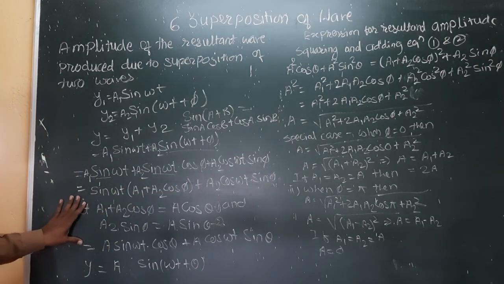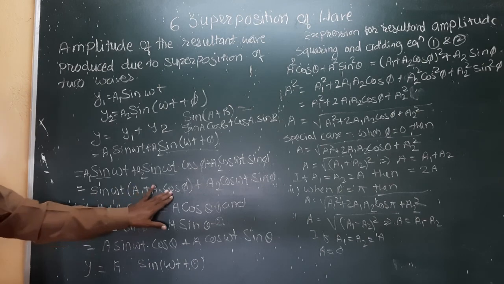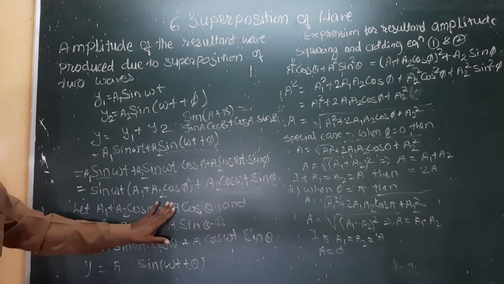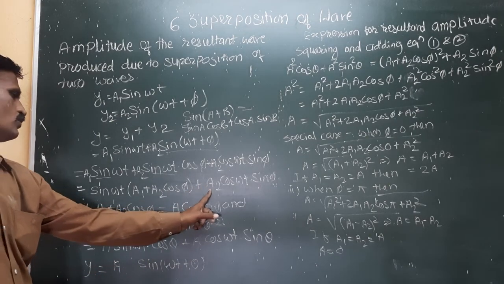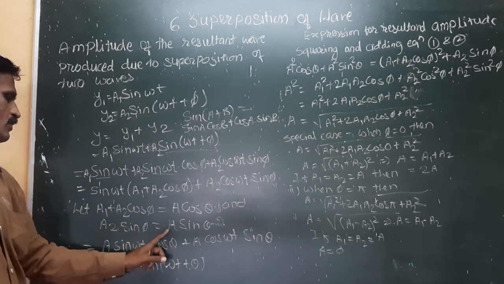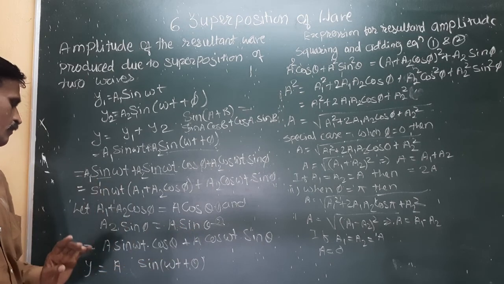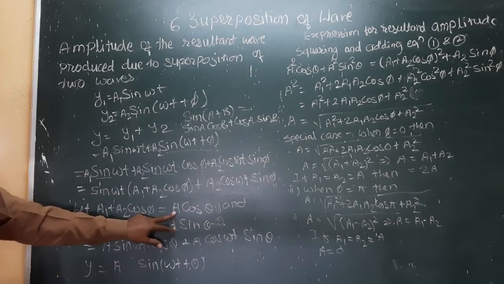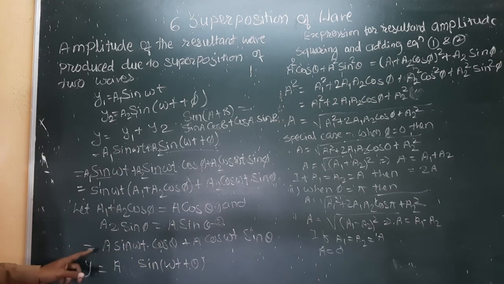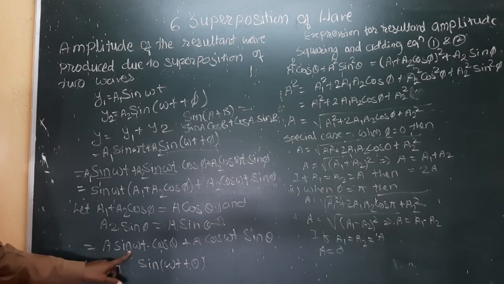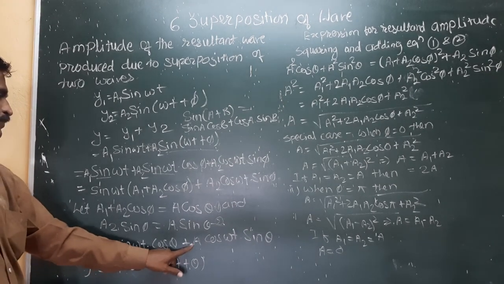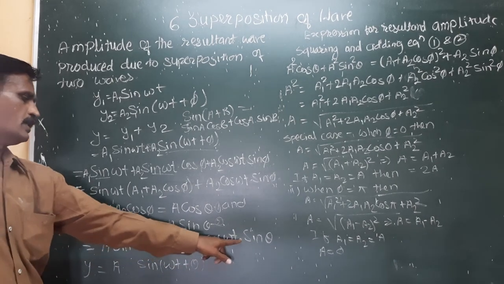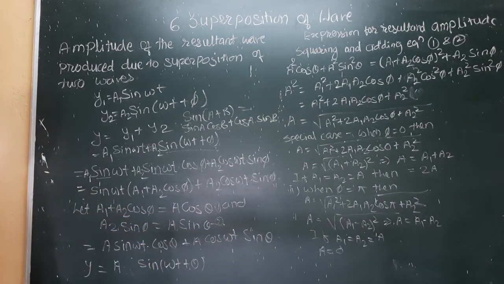Now let us take a1 plus a2 cos phi is equal to A cos theta and a2 sin phi is equal to A sin theta. Putting these values in this equation, we get the resultant displacement is equal to A sin omega t cos theta plus A cos omega t sin theta.